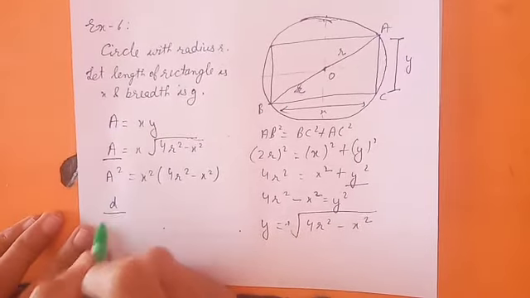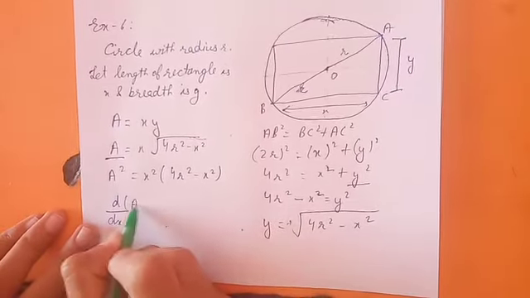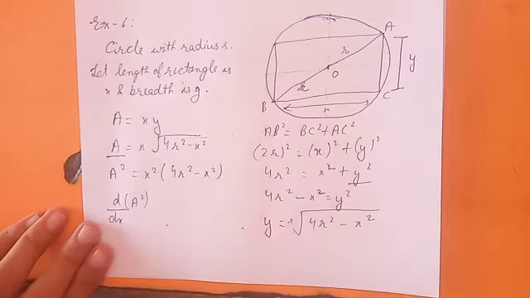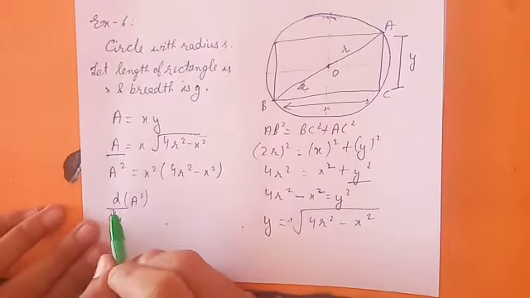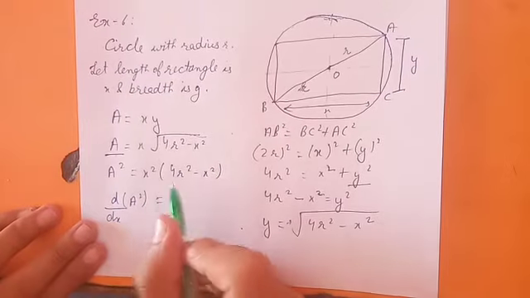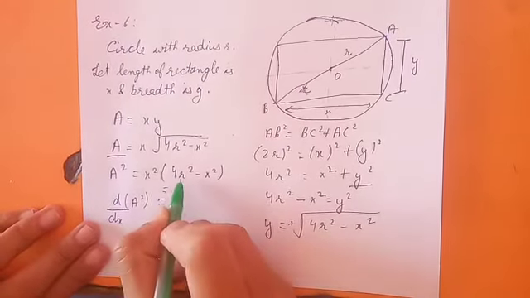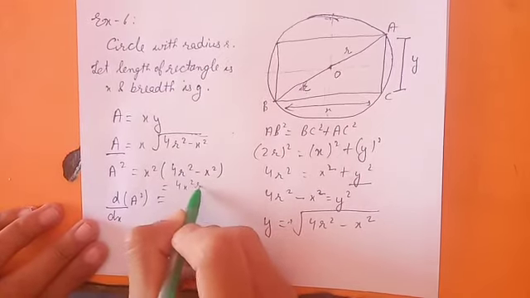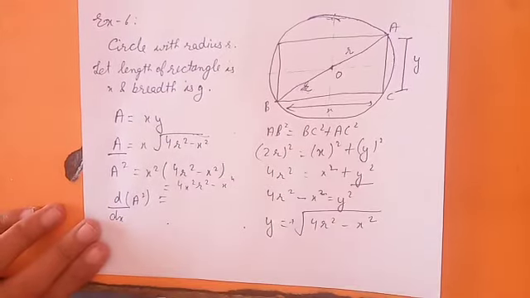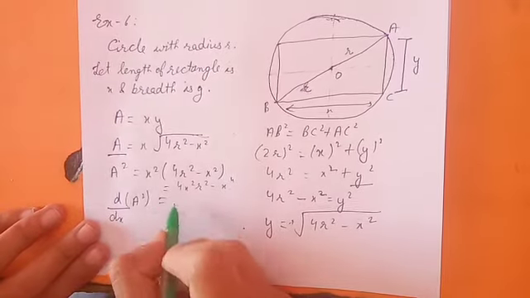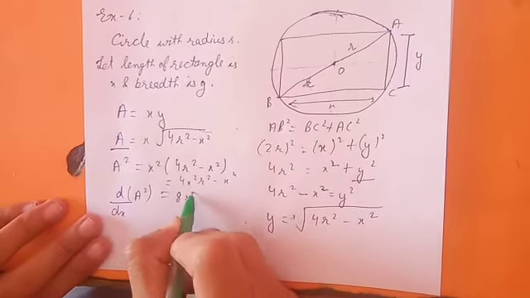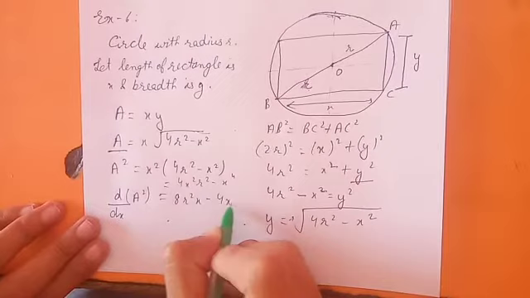Next, we will differentiate d by dx of A square. First we can write A square as 4x square r square minus x power 4. After differentiating, we will get 8r square x minus 4x cube.